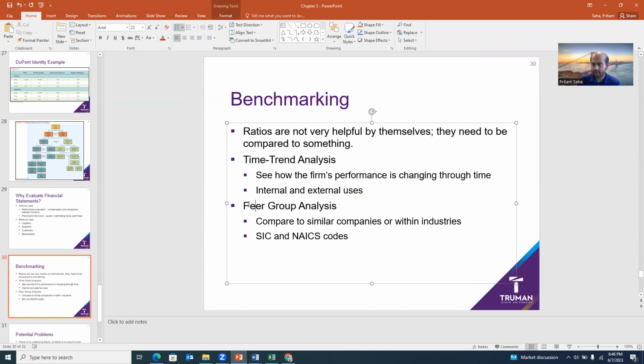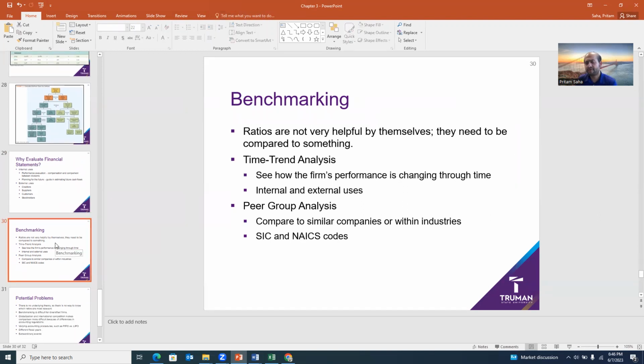So these are the 2 ways to see what's going on in the performance.